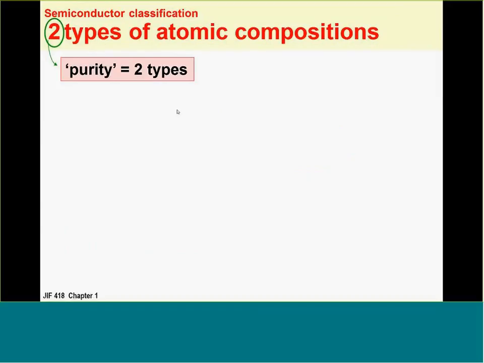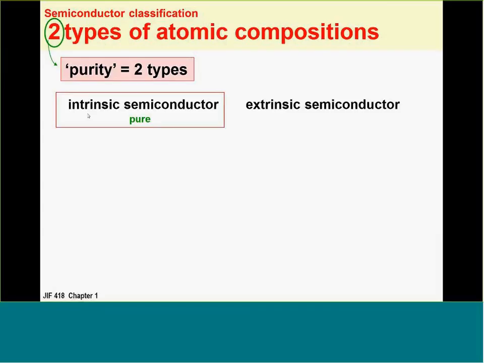Okay, so just now was about the types by number of elements. Now we can also look at it in the form of purity. There are two types of purity: intrinsic and extrinsic. Intrinsic means that all the electrons come from the semiconductor itself.